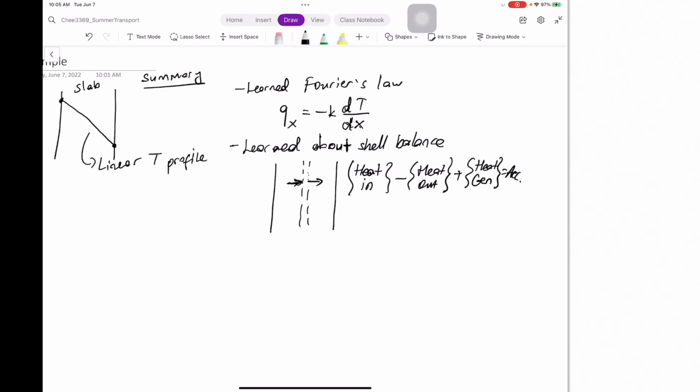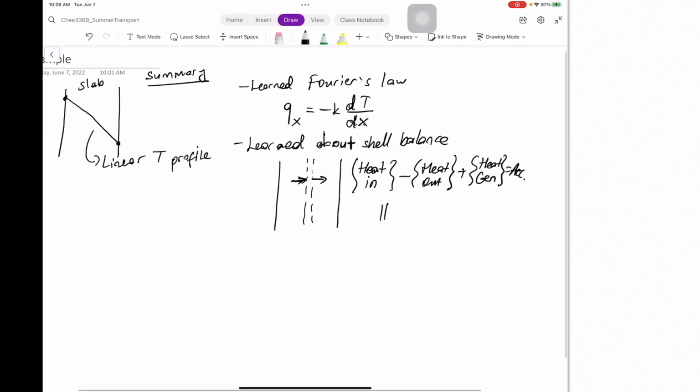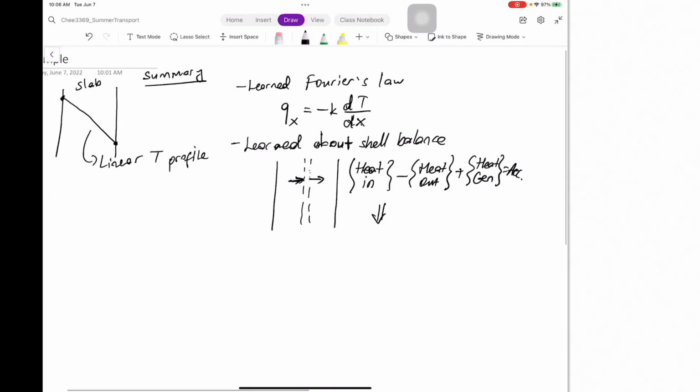And this shell balance gave us an equation that gave the flux Q as a function of position, right?